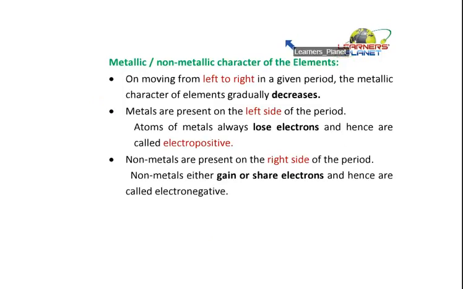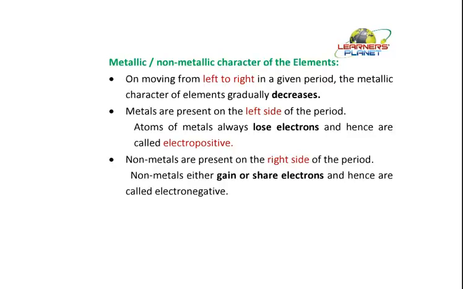Let's take up its next property, that is the metallic and non-metallic character of the elements. Before discussing it, I would first like to do a recap of the properties of metals and non-metals. So first of all, what is the basic property of metal?